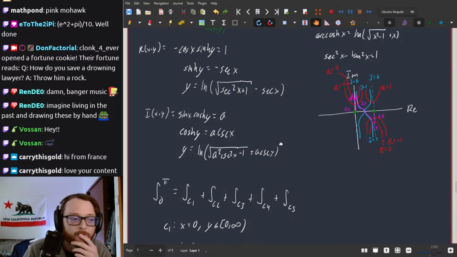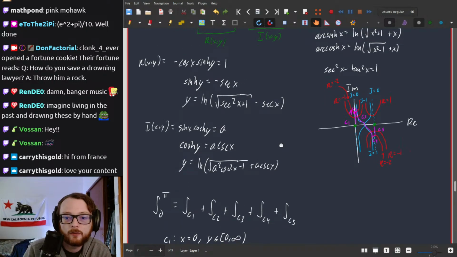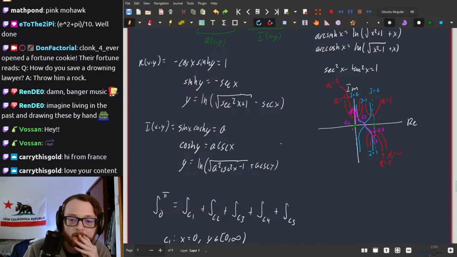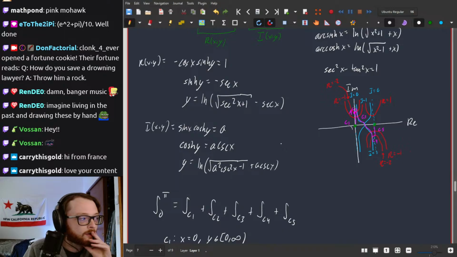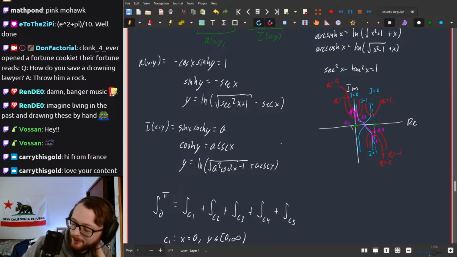I'm getting... This contour starts when the imaginary part equals 0. I think I'm getting confused with inputs and outputs, maybe.